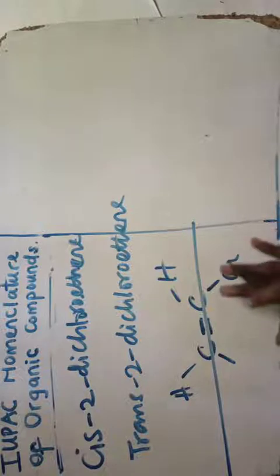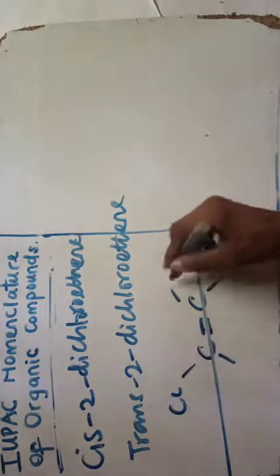Like the way this is now, if I decide to put this chlorine here and I have my hydrogen here, this is also cis, because they are both on the same side.